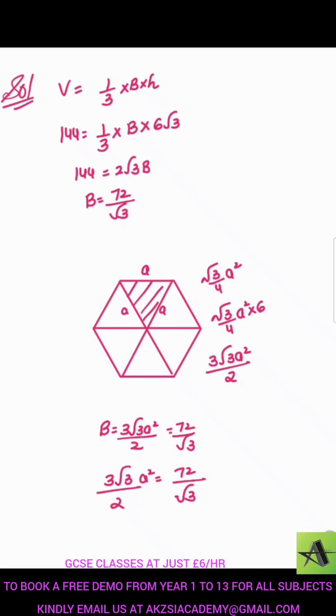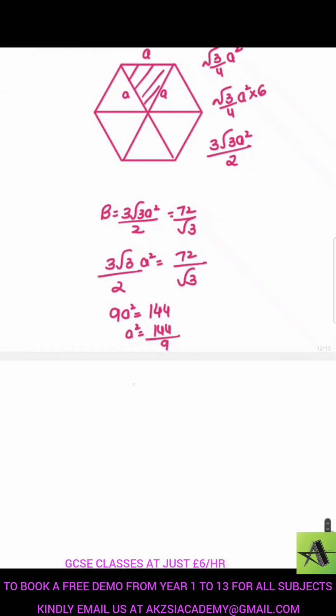Cross multiplying, I'll get 9 a squared is equal to 144, and a squared is equal to 144 over 9. Take the root, so a would be 12 over 3, which will give you 4 centimeters as the answer. That means each side of this regular hexagon is 4 centimeters.